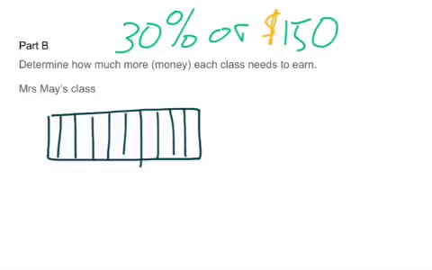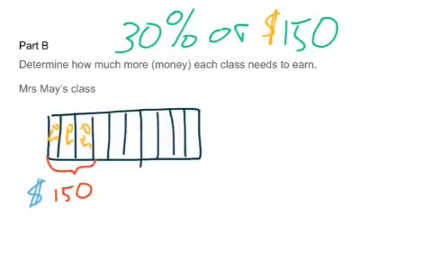What we understand in this model is that 3/10 is $150. If you know 3/10 is 150, then we can figure out what each section is worth if they total 150. You're simply dividing 150 by 3, and we realize that each section is worth $50.